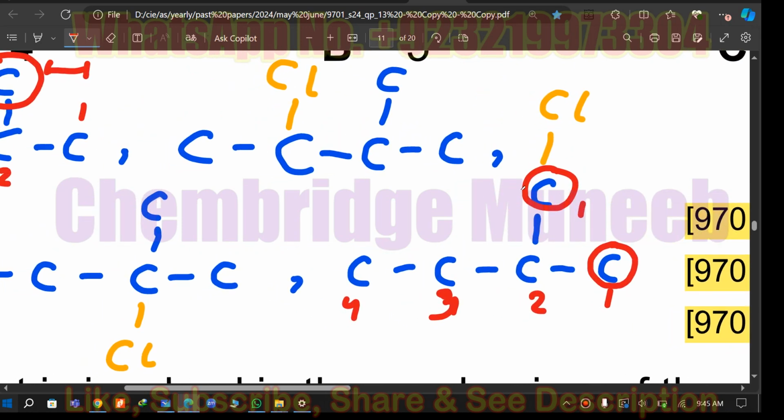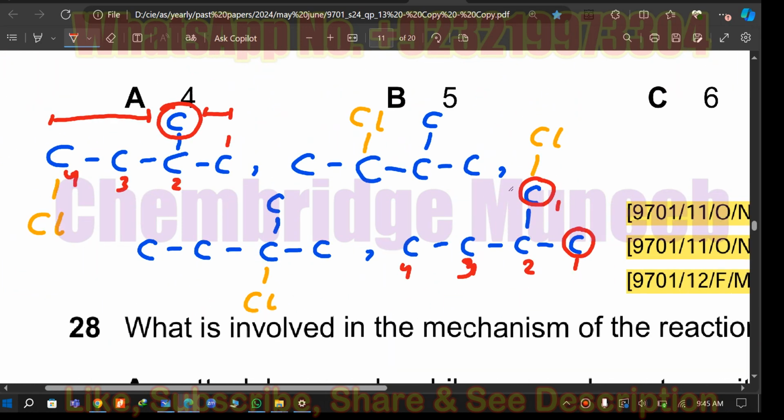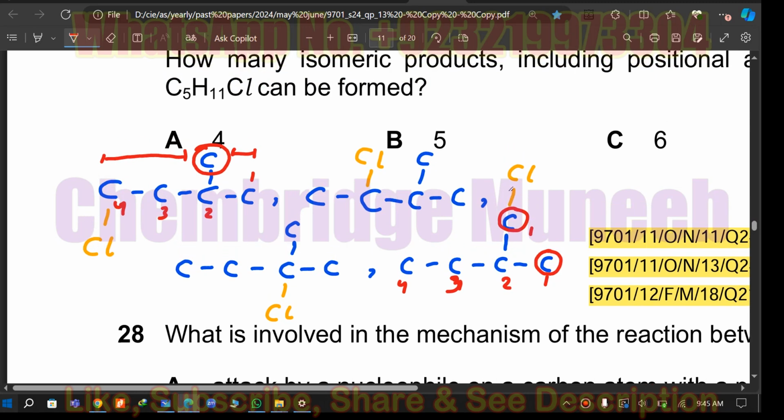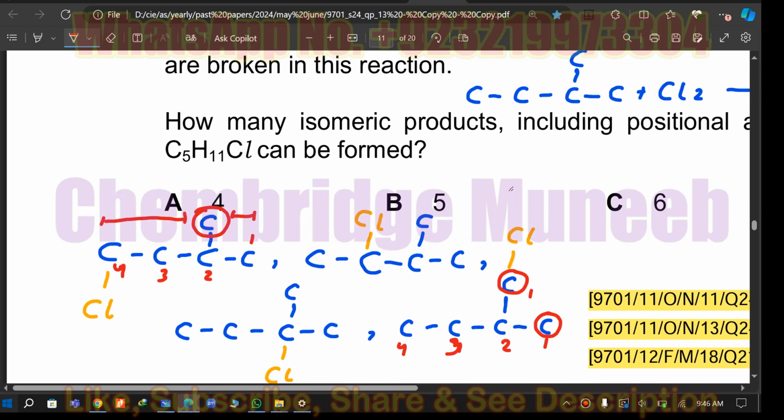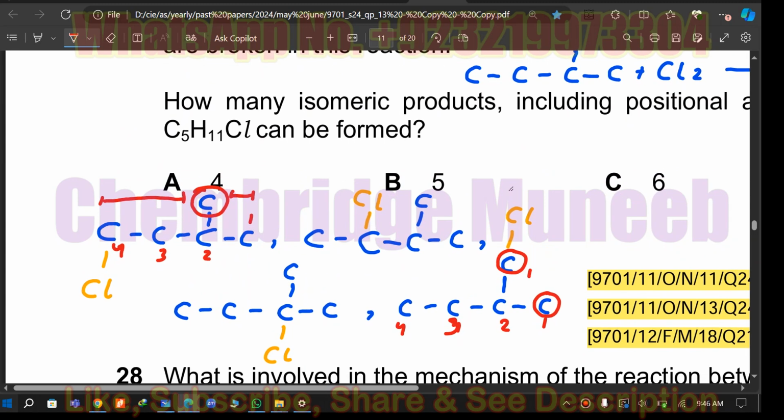Now we have found the positional isomers here. These 4 isomers are considered positional isomers because, according to the definition, positional isomers differ in the position of the functional group on the carbon atoms. So these are all shown.